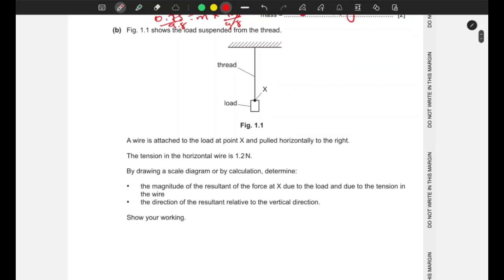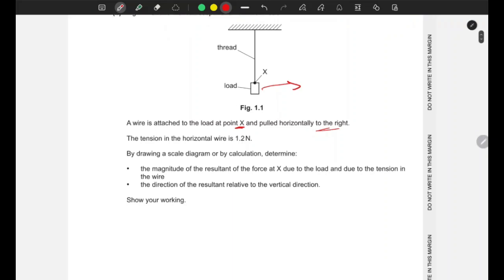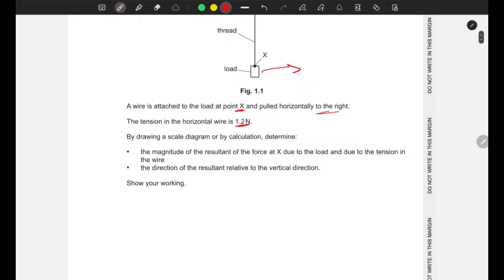Part B. Figure 1.1 shows the load suspended from the thread. A wire is attached to the load at point X and pulled horizontally to the right. The tension in the horizontal wire is 1.2 newtons.